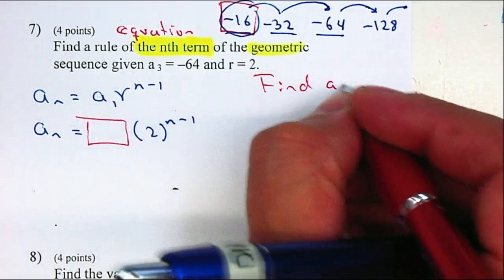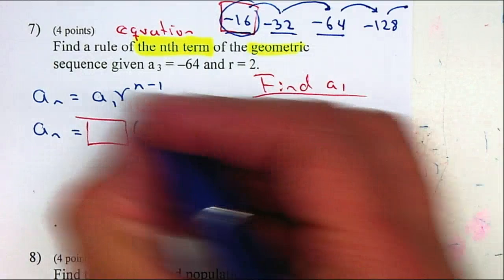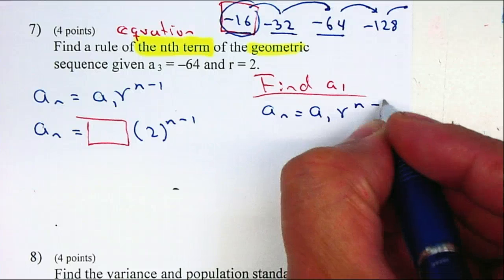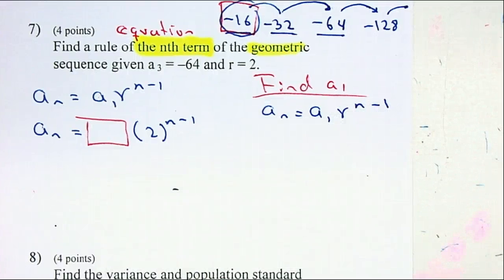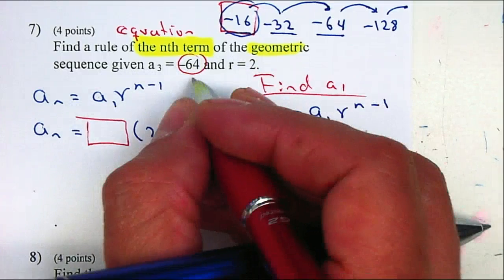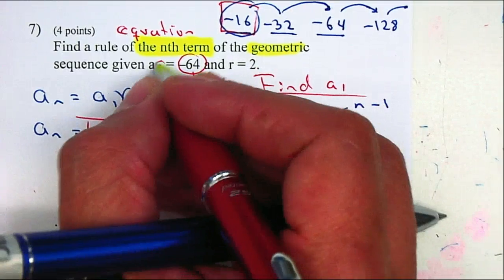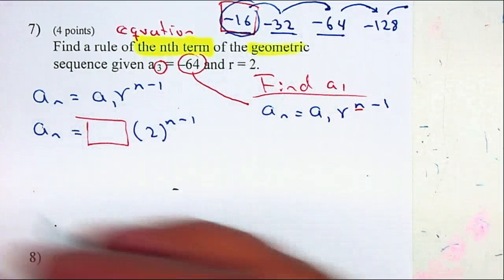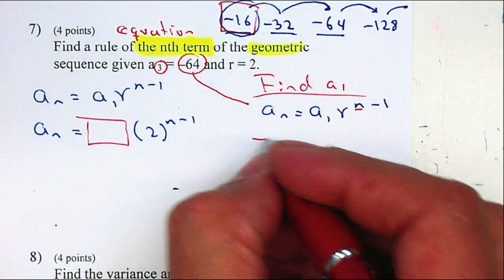Find a sub 1. And I'm going to use the same equation. A sub n is equal to a sub 1 times r to the n minus 1. So let's see. I'm going to use the given information. Negative 64 will be the term and 3 will be the n value. Negative 64 is just like your y value.